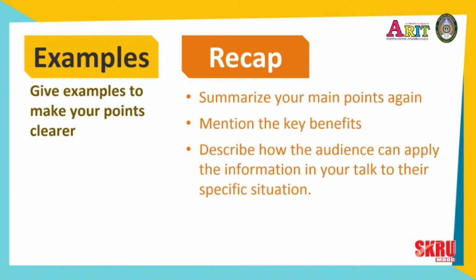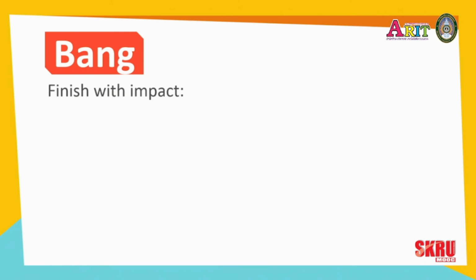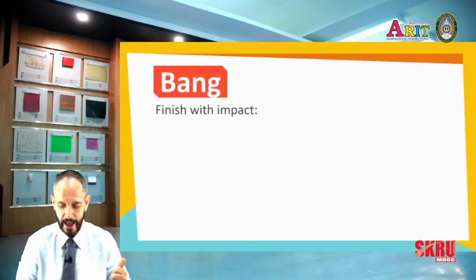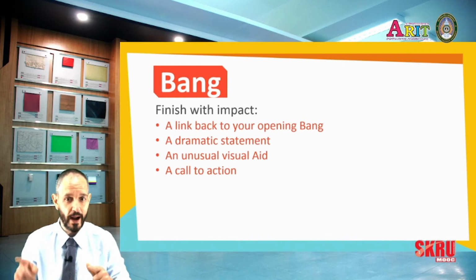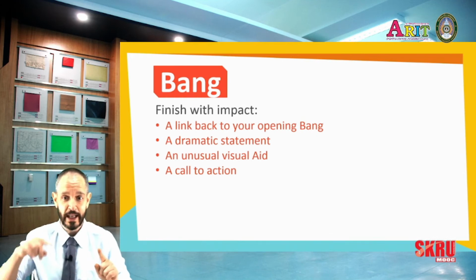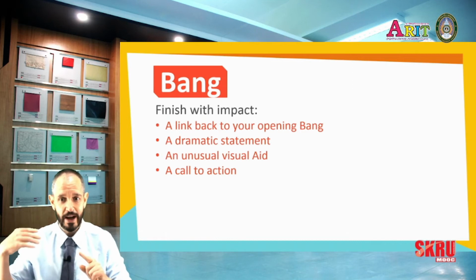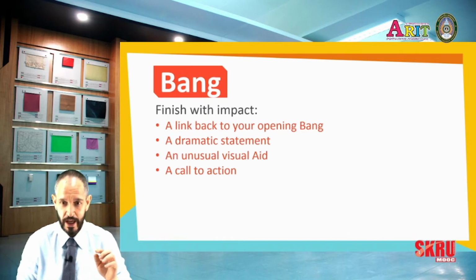And finally, we have bang. So there's two bangs, one at the beginning and one at the end. You don't want to end just with a dull note. So there are ways you can do this. You can link back to your opening bang, so you can remind them about what you did in the beginning and kind of copy it, or point out, hey, do you remember? Or you can end with a quote or a dramatic statement for them to think about and reflect upon as you finish.